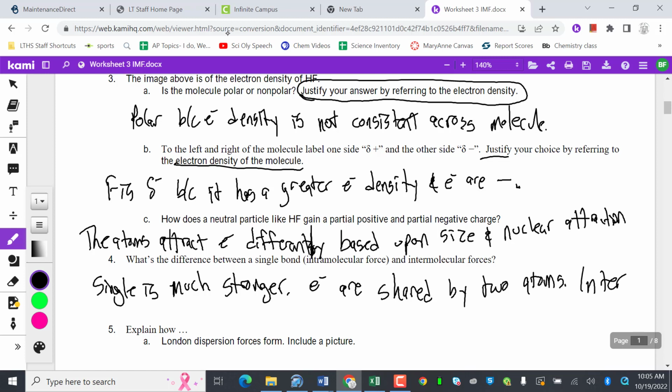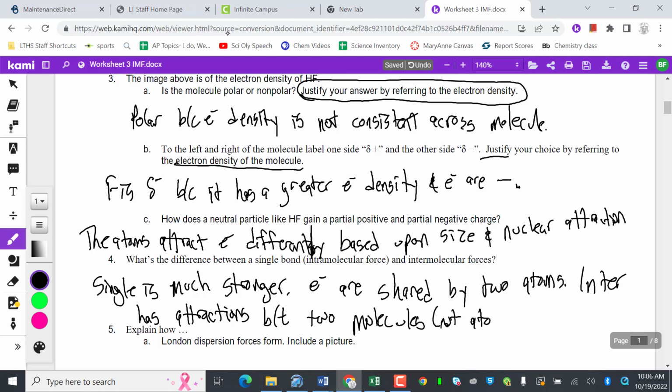Intermolecular has attractions between two molecules, not atoms. So the difference is the strength, and whether it's a molecule or an atom.